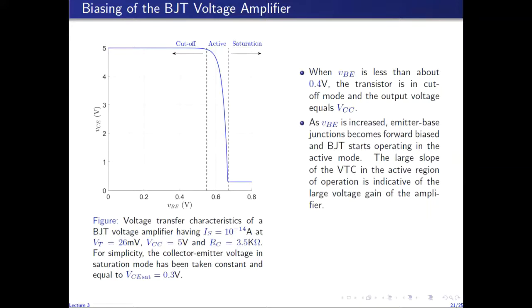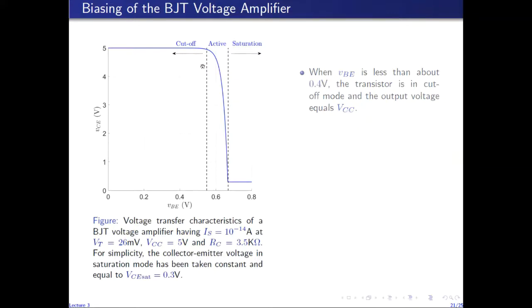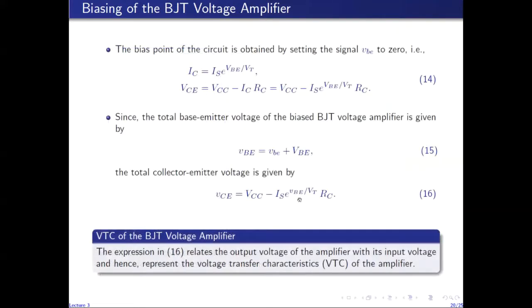and the transistor starts to conduct in the active mode, and we get this large slope. For a small increase in VBE, we get a large decrease in VCE, according to this equation. Because for a small increase in VBE, we get a large increase in this term, and we get a large decrease in VCE because this term is subtracted from VCC.